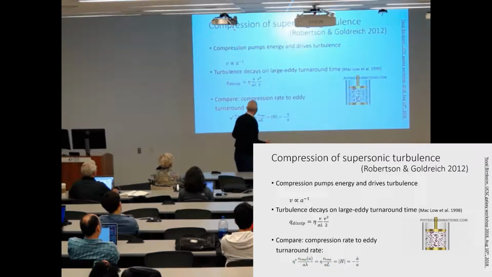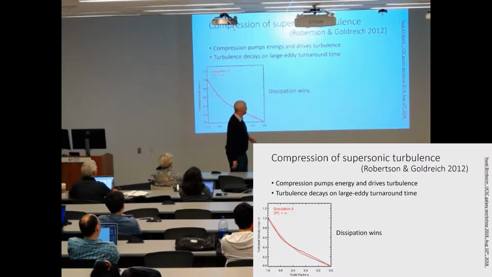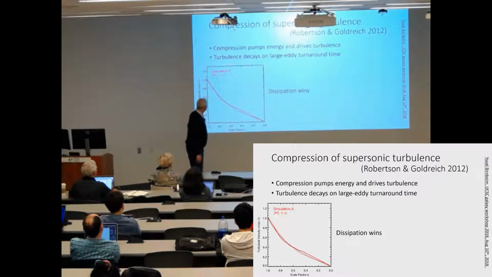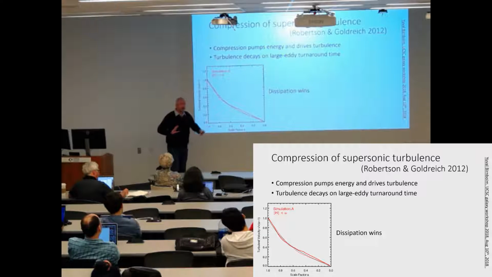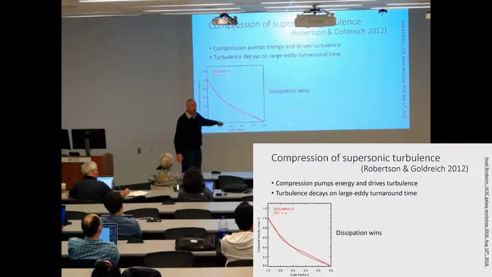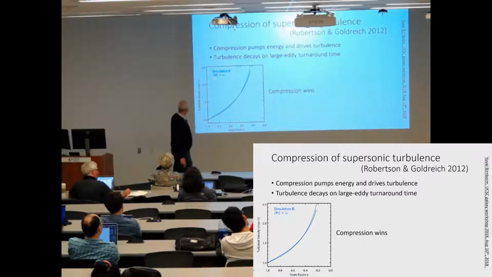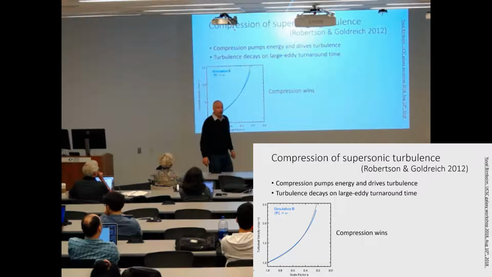And this scale will determine if the gas is accelerating as it's being compressed or being dissipated and decelerating as it's being compressed. And that's what they showed. So if we start with a compression rate which is smaller than the dissipation rate, the turbulence dies out. That's a function of the scale factor. That's just the velocity. The velocity dies out. If we start with a compression rate which is much higher than the dissipation rate, the turbulence will wind up, will increase.